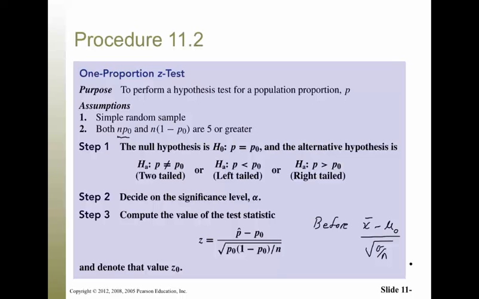And now it's the same thing, but according to the population proportion standard deviation, which we just did with the confidence intervals. Okay, so everything is the same. It's just now we're applying the hypothesis test to this idea of finding population proportion.